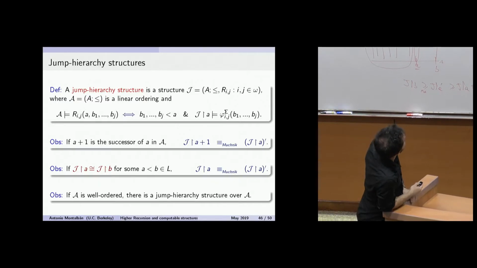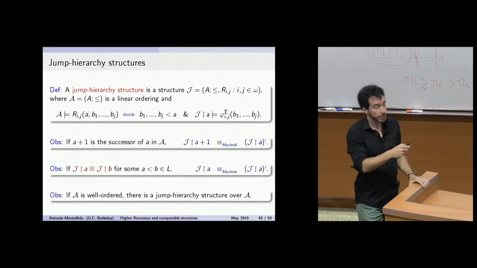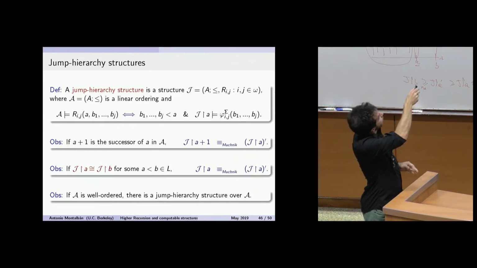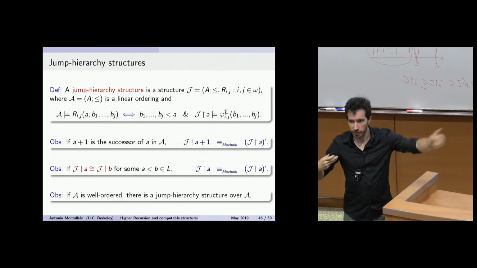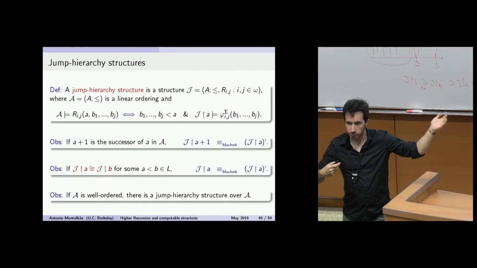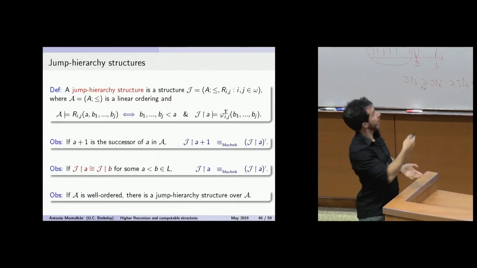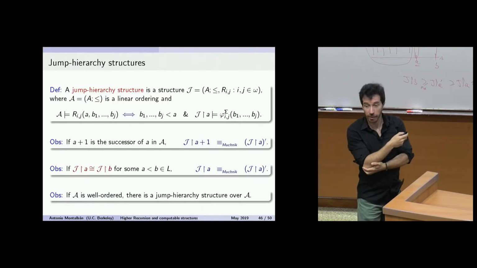What we know is that if A is well ordered, then of course we can define a jump hierarchy, because at each column for each A, you define this by looking at the structure below A, so you define it just by transfinite recursion. Though well orders are not going to have any two elements that are automorphic. So that's where the Barwise compactness is going to have to come in.